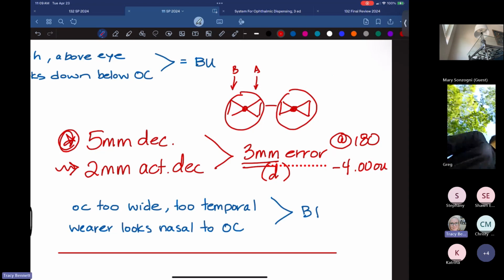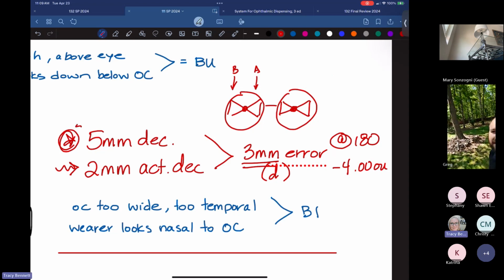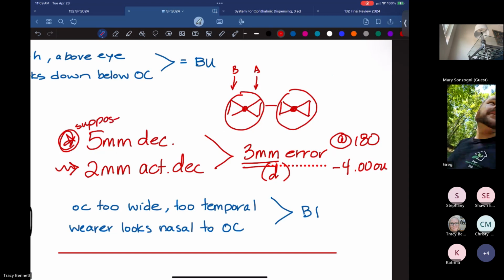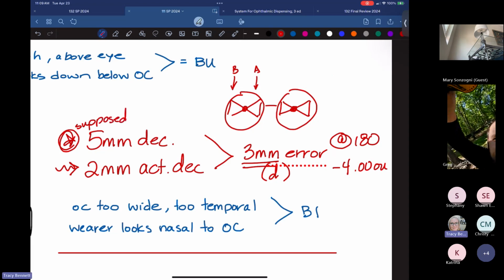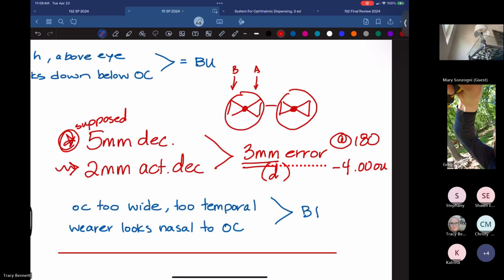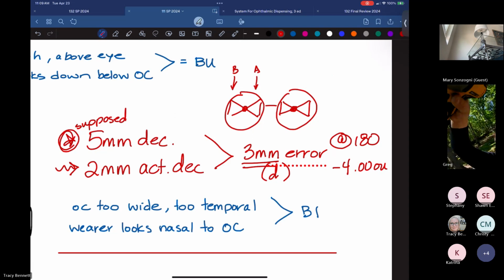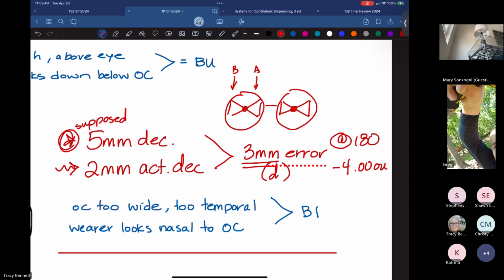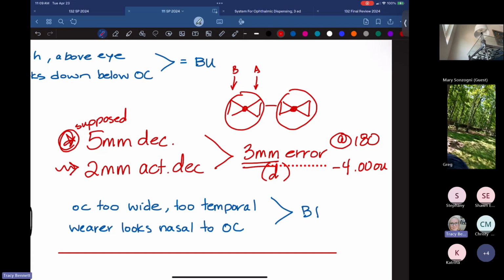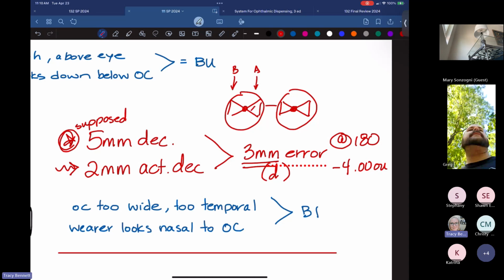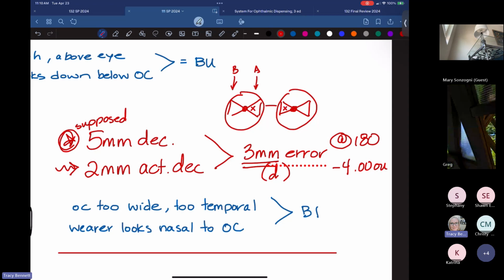If I was supposed to do 5 millimeters, but the actual decentration was 2. Is it A? So if we're supposed to go in 5, but we went in 2, yes, it is.